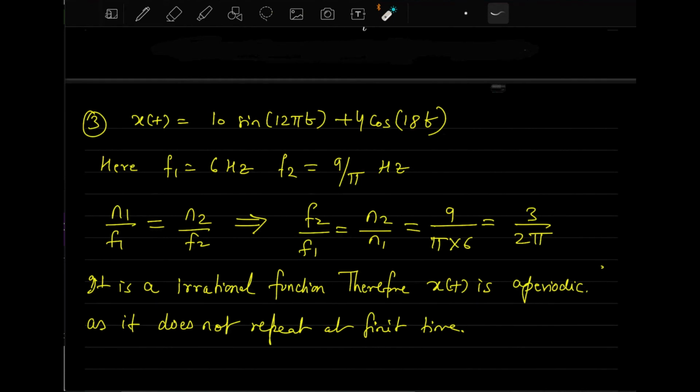So the thing is, because of this pi factor, xt is aperiodic, as it does not repeat at finite time. So there is a problem here because of the irrationality of this fraction. So this is an irrational function because of this factor pi. So what happens is this combined signal xt is not periodic at all in this situation.